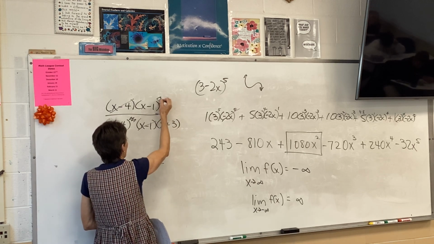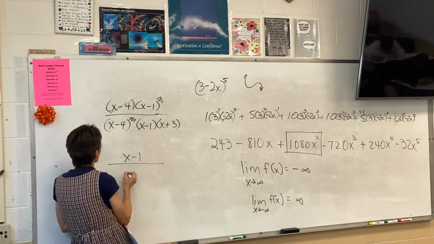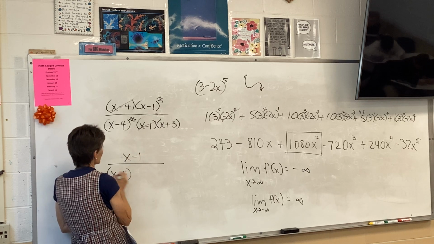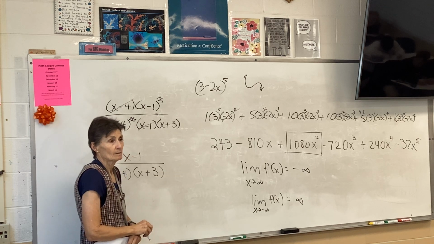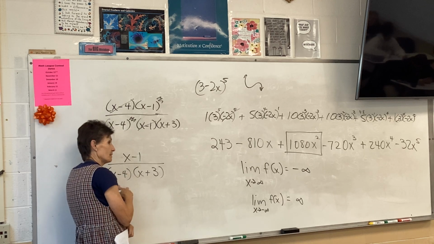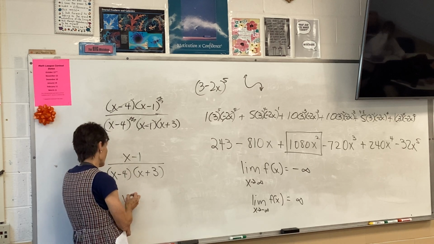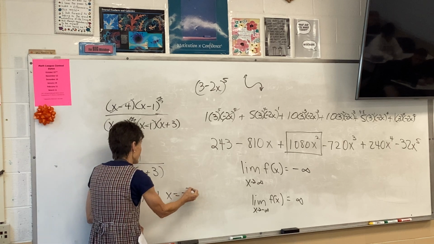We can get rid of that. So are we left with x minus 1 over x minus 4, x plus 3? Anything that's left in the denominator is going to be a vertical asymptote. So you have vertical asymptotes at 4 and negative 3.